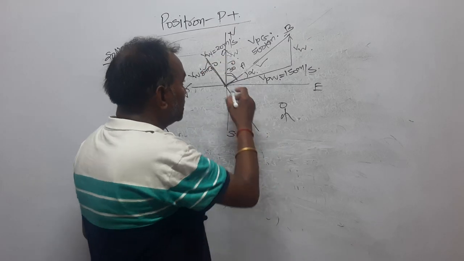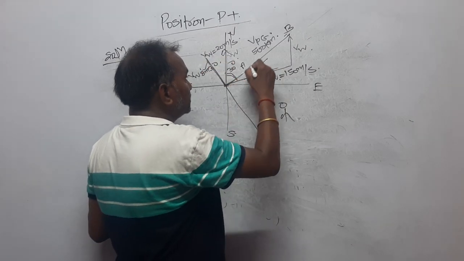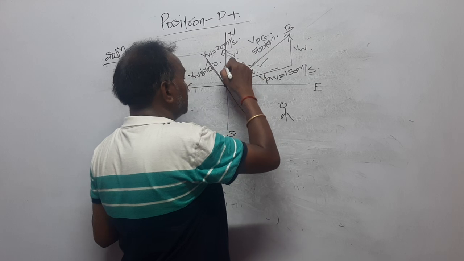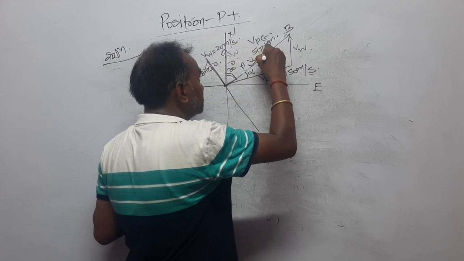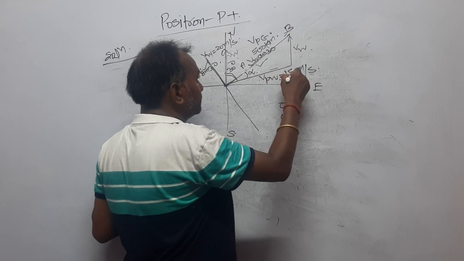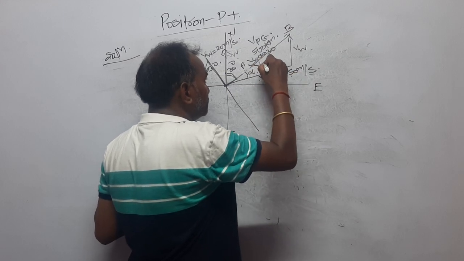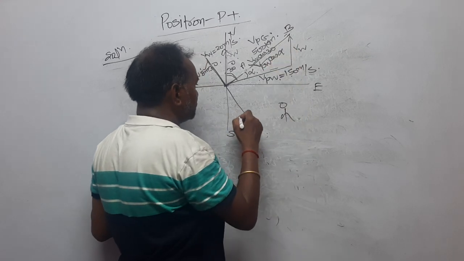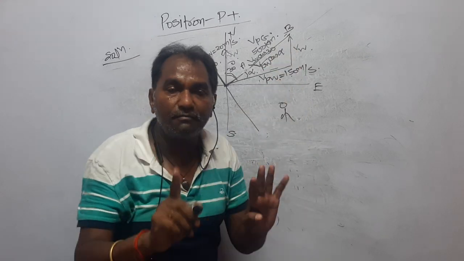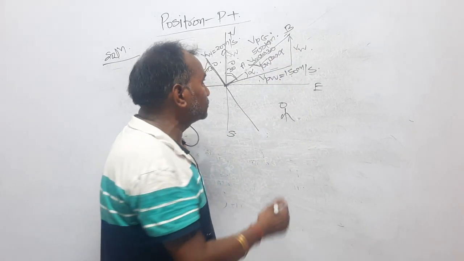And similarly, the velocity of wind has this component VW cos 30, and VPW has this component VPW cos alpha, where VPW is the velocity of plane with respect to wind and also has two components.